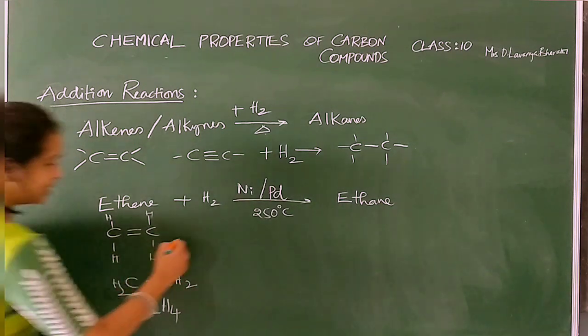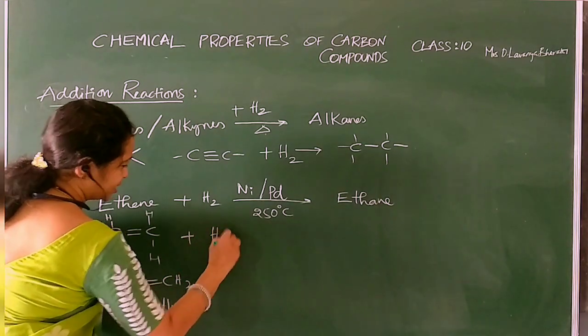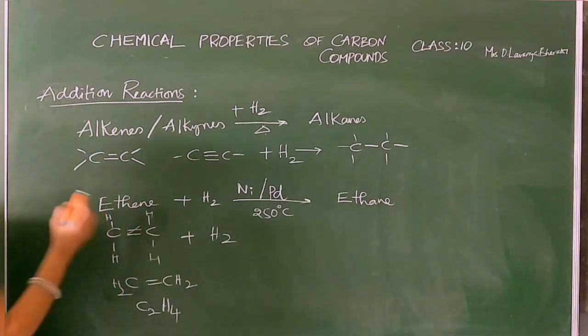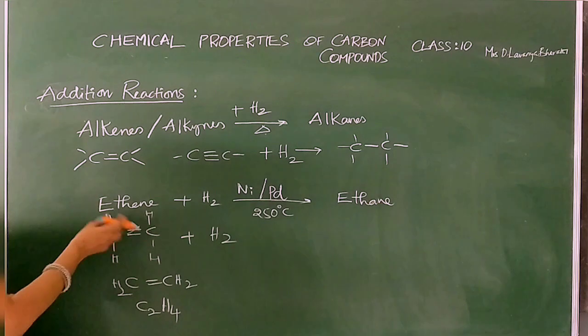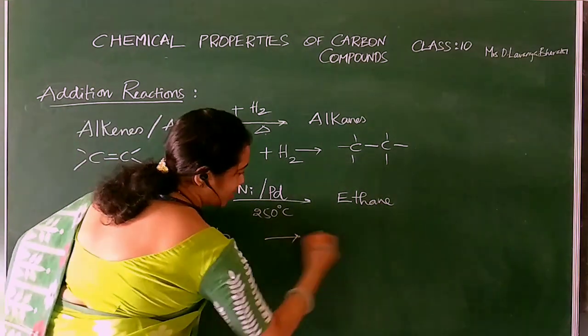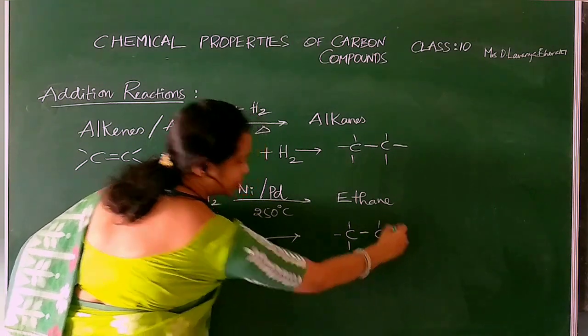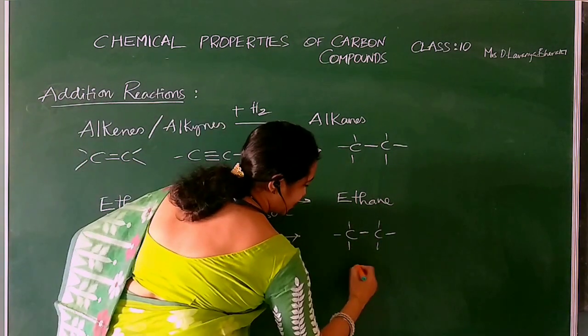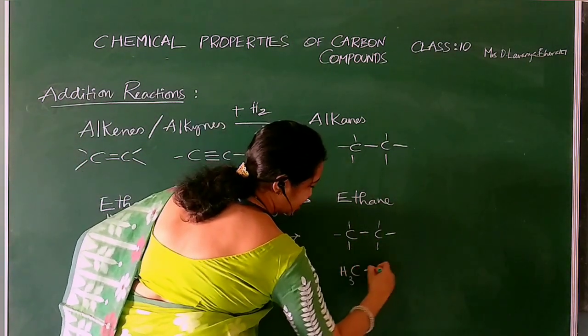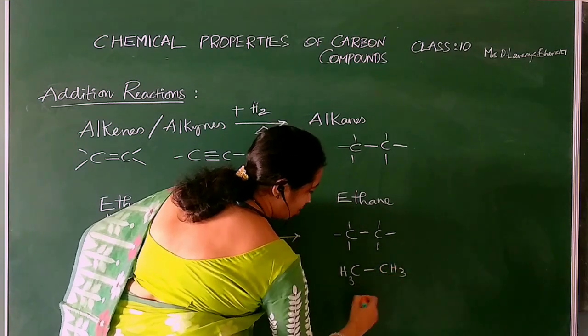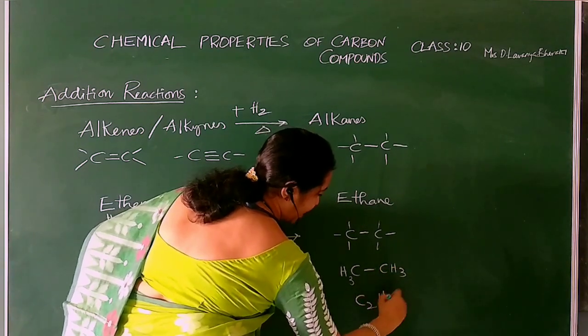Anyway you write it, this is adding hydrogens. Now you can understand that the double bond is broken. These two hydrogens are added such that you get CH3 single bond CH3, which can also be written as C2H6.